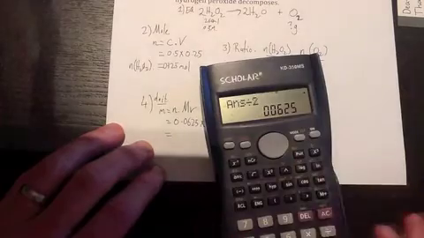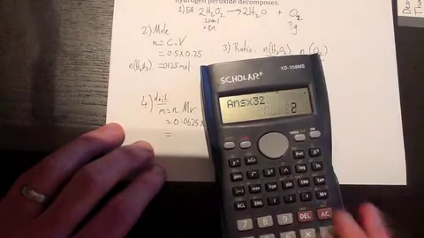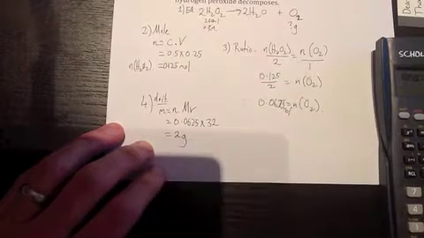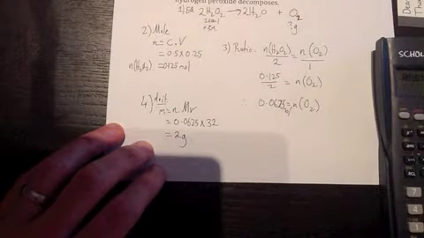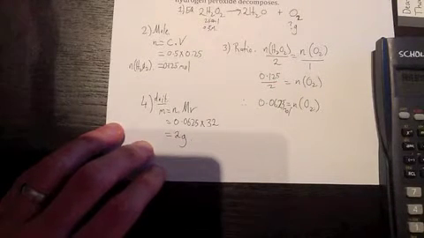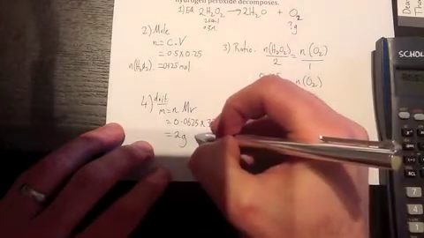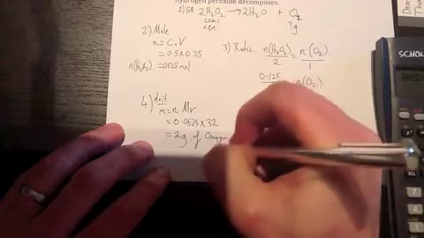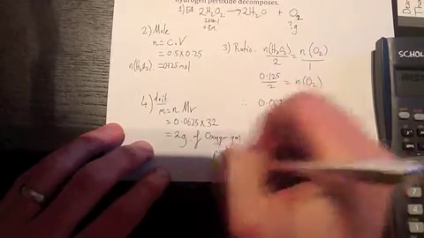I multiply this by 32, is exactly 2 grams, which is pretty crazy. So therefore I get 2 grams of oxygen gas produced.